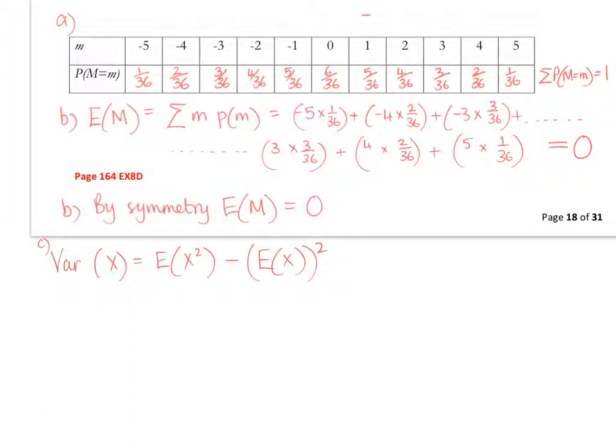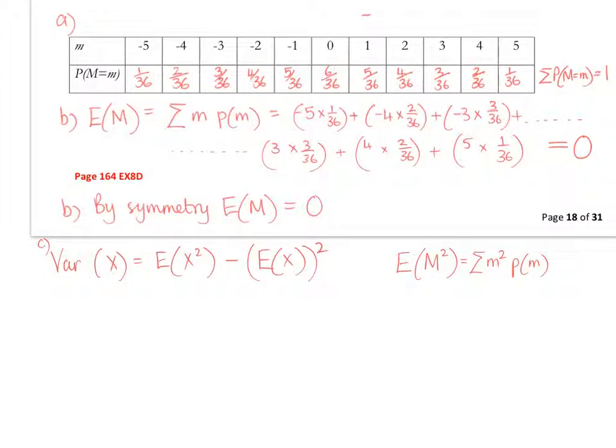Right, the E of x squared, and in this case it's actually m, isn't it? E of m squared we're going to have to do is equal to the sum of the m squared times the probability. So really on the table we could put another row that says m squared and have 25, 16 and so on.